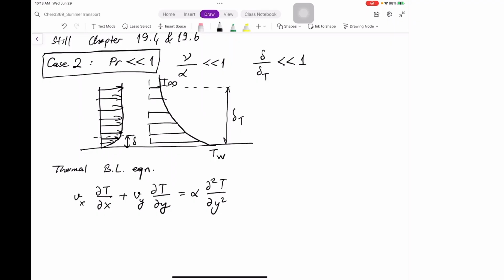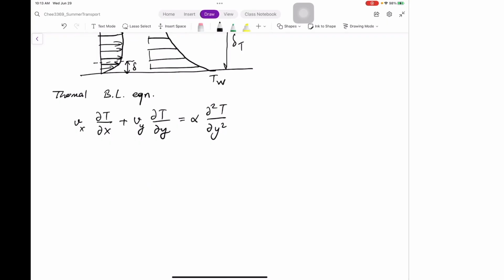Now let's do an order of magnitude estimation, like some sort of scaling analysis, right? So you can argue that this first term scales with V infinity times delta t over L, right? Because the characteristic length for the x is L. We're talking about the changes of temperature of delta t, such as T minus T infinity or T wall minus T infinity, and Vx is in the order of V infinity.